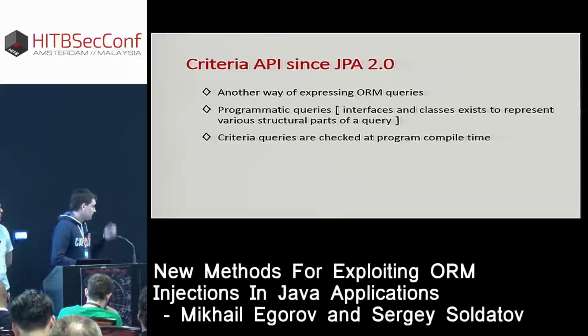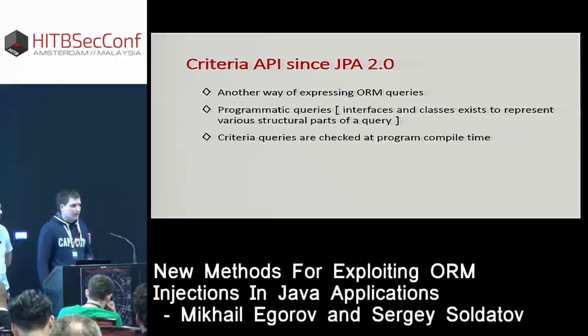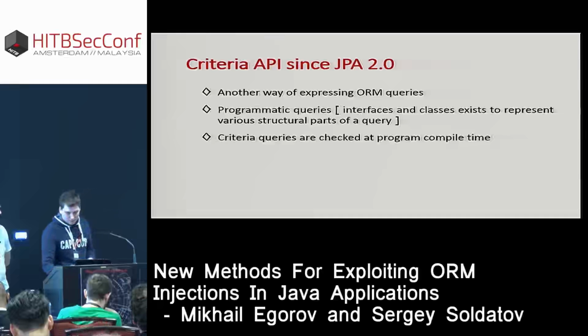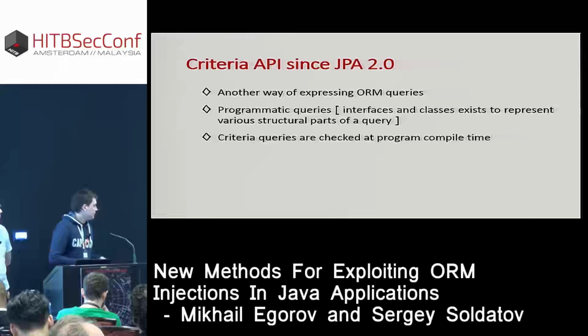You can use string JPQL queries, or you can construct queries programmatically via the Criteria API. Criteria queries are checked at compile time, so the code becomes safer because it's harder for the developer to introduce a security bug.